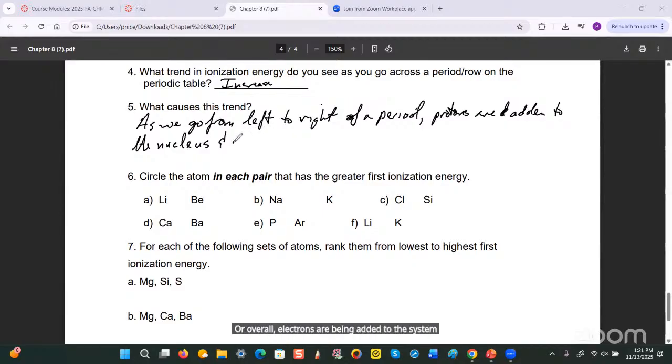Okay, so electrons are added to what? I'm looking for the magic word here. We're adding electrons to what exactly?